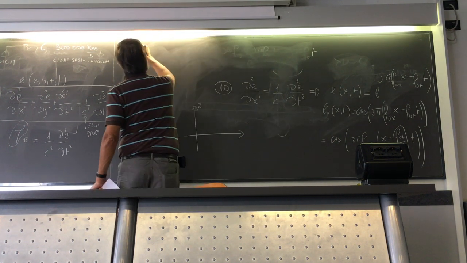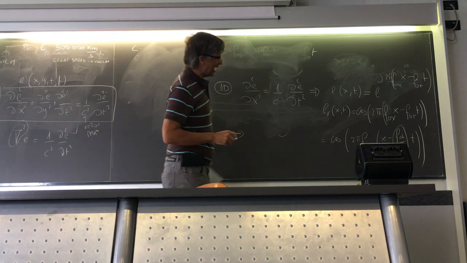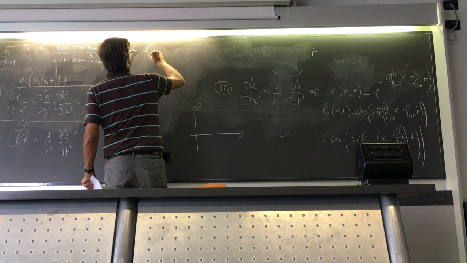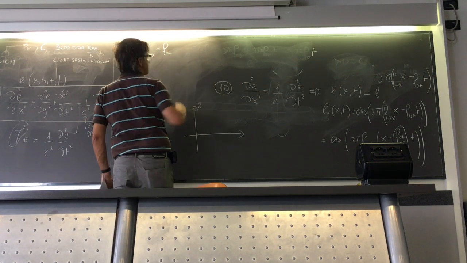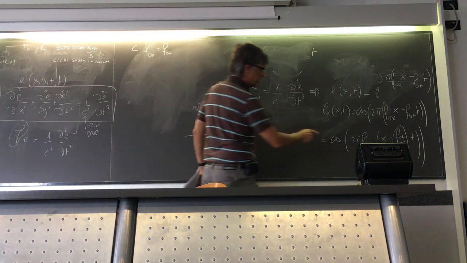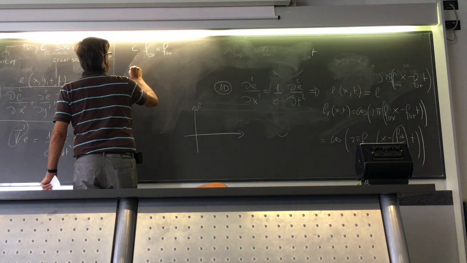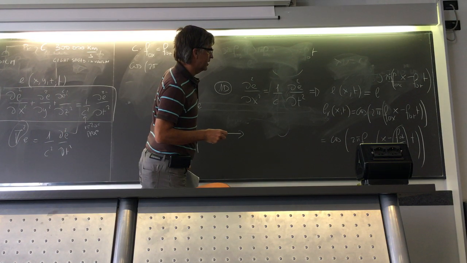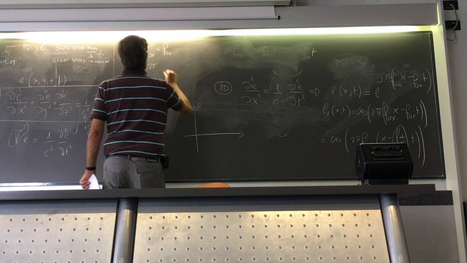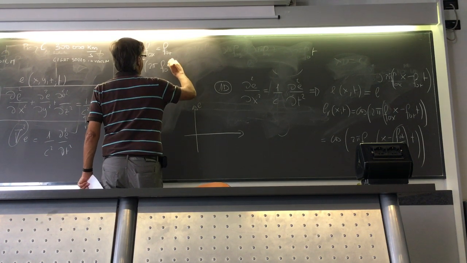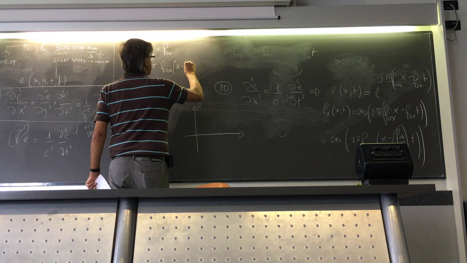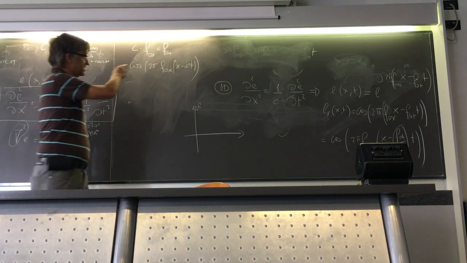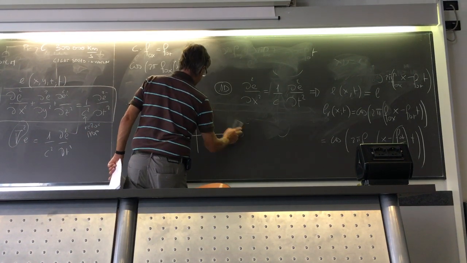So chi multiplied by f0x is f0t, and this equation is cos(2 pi f0x (x minus chi t)).